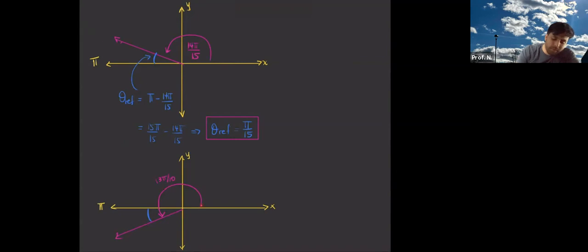So if I went all the way to 13 pi over 10, and I want to find this missing reference angle, then what do I need to do? I need to take this whole angle here and subtract pi from it. And then that difference would be the reference angle.